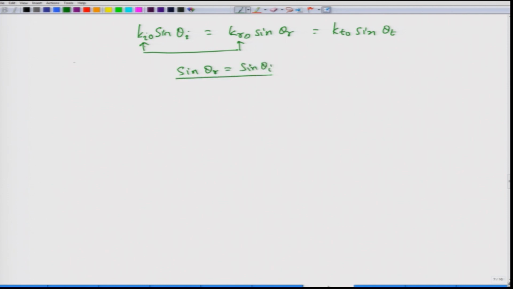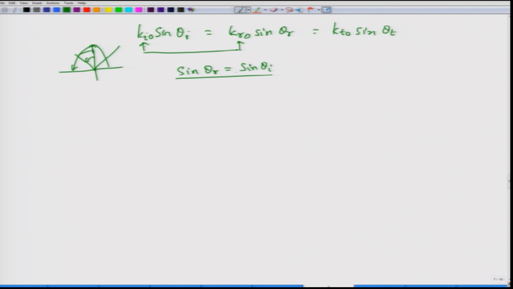Now, theta r and theta i are these angles that we are measuring, and they can range from 0 to pi by 2. As sin theta i goes from 0 to 1, correspondingly that is equal to sin theta r.